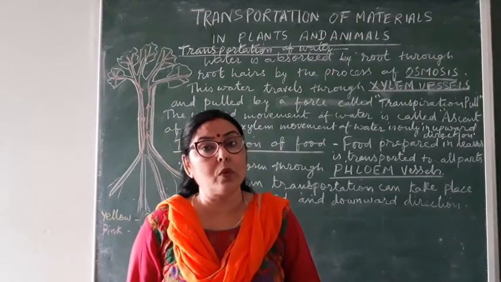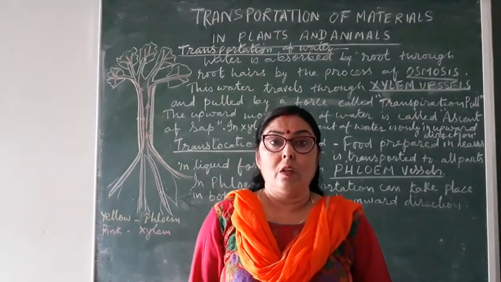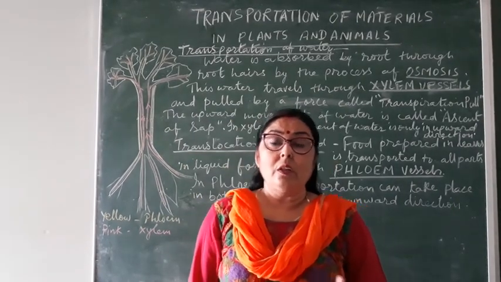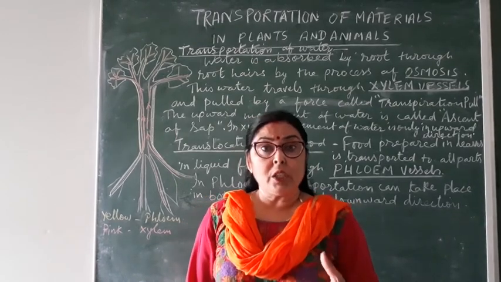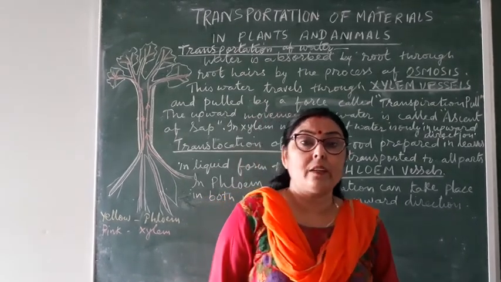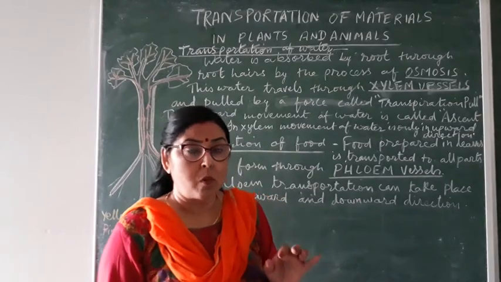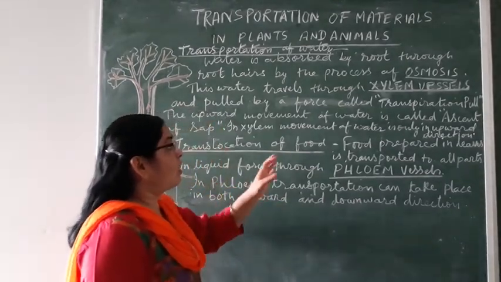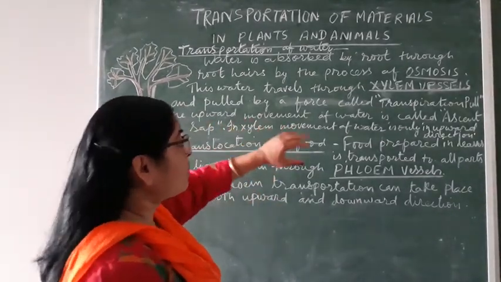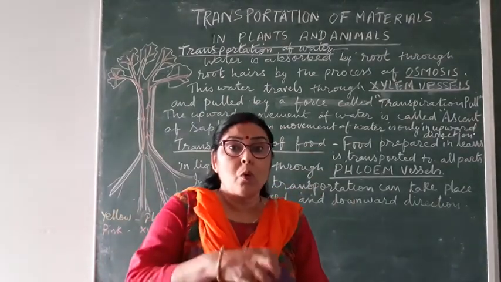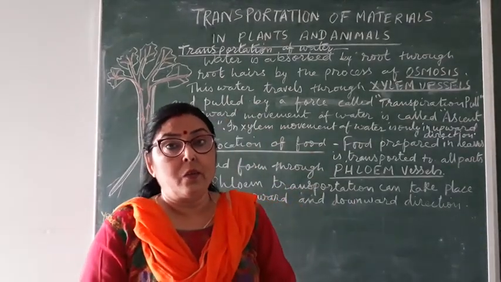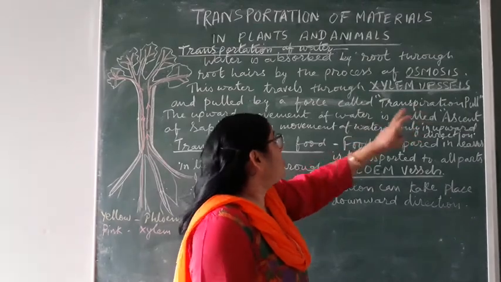This process is known as transpiration. Because excess water will make the cells turgid, the stomata open, and the water is evaporated. In this way, a force is created which is known as transpiration pull.